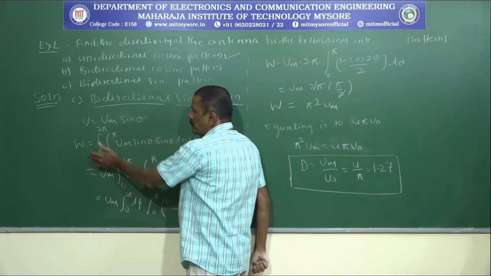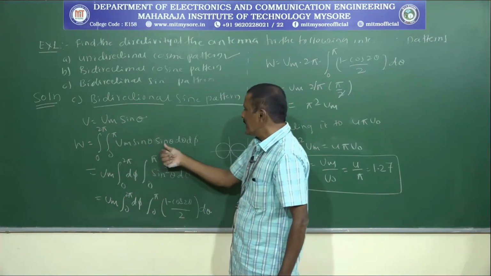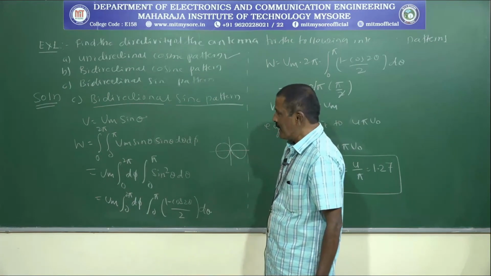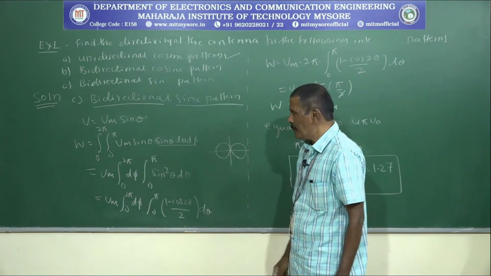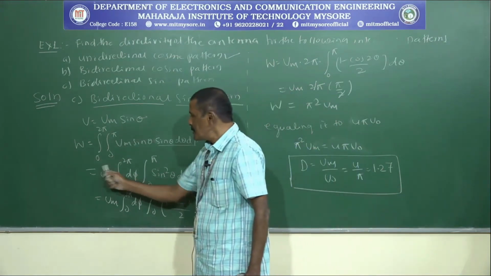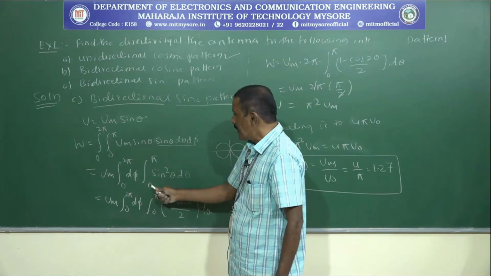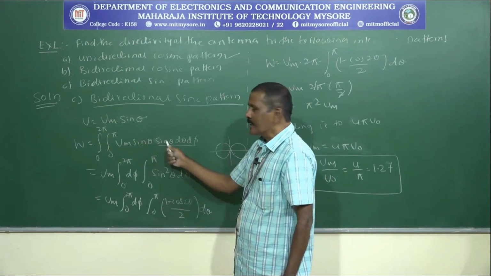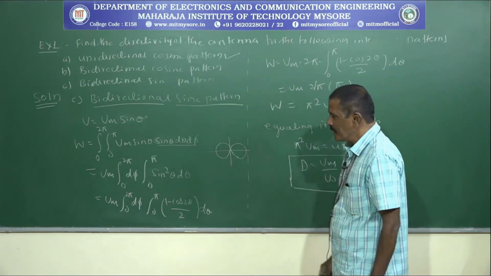Now, the radiated power W is equal to the integral from 0 to 2 pi and 0 to pi of sin theta d theta d phi, because this term is nothing but your d omega. Therefore, the constant term is taken outside: 0 to 2 pi d phi, and then 0 to pi sin theta into sin theta, that is sin square theta, d theta.